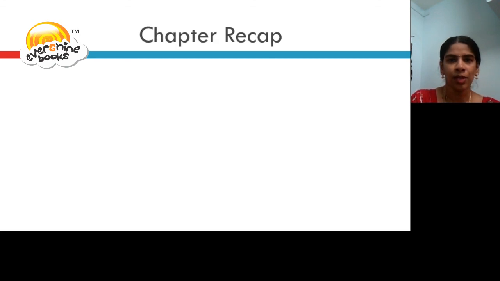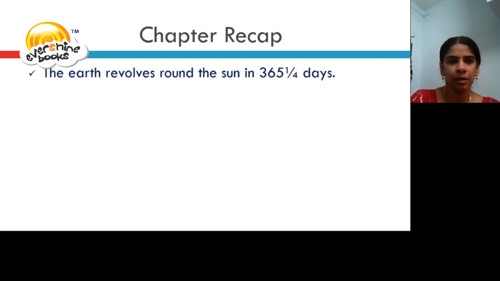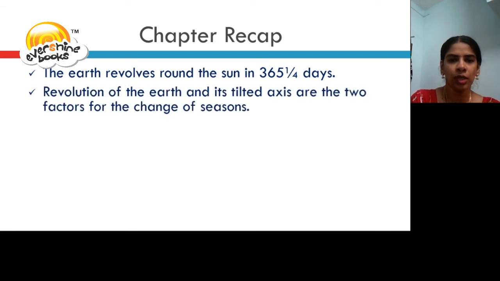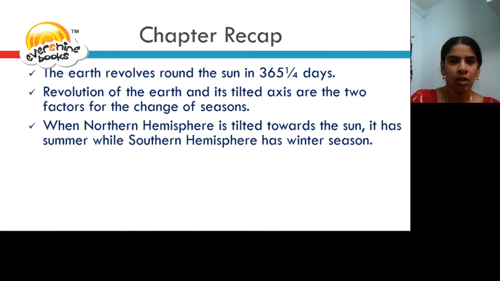Let us have a chapter recap. The earth revolves around the sun in 365 1/4 days. Revolution of the earth and its tilted axis are the two factors for the change of seasons. When the northern hemisphere is tilted towards the sun, it has summer, while the southern hemisphere has winter season.